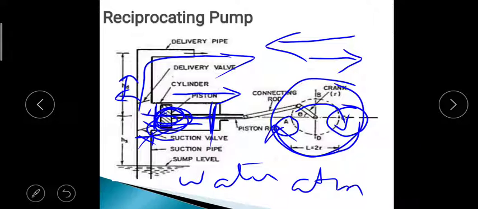So the delivery valve is open during the delivery of water at the outlet from the delivery pipe. So it all depends on the rotation of the crank and the motion of the piston. This is the working of a reciprocating pump.